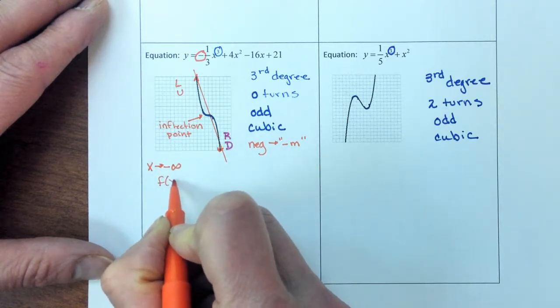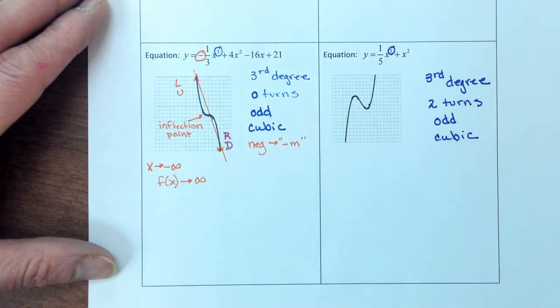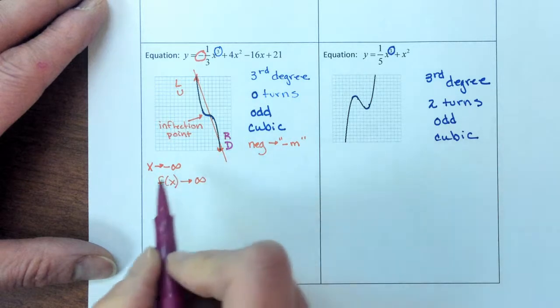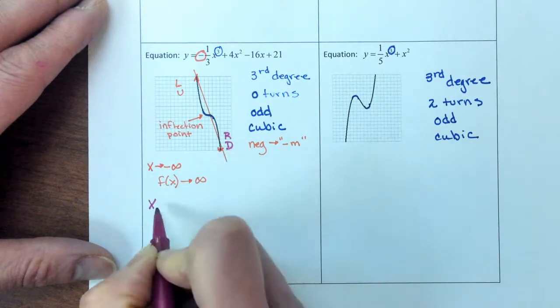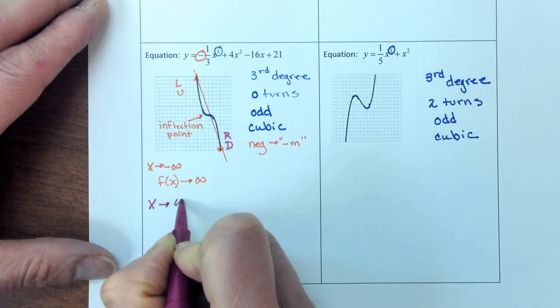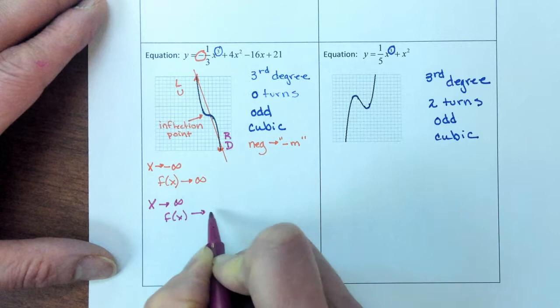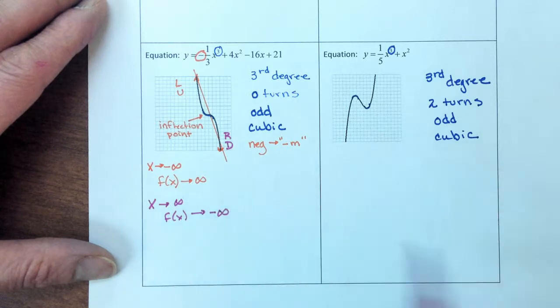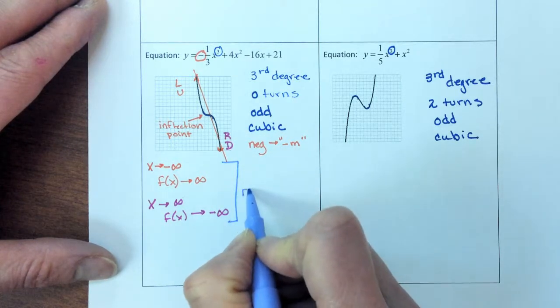My function is going up, so my function is going to positive infinity. For the right side, I would say, as x goes to infinity, my function is going down, which is negative infinity. And again, that's called end behavior.